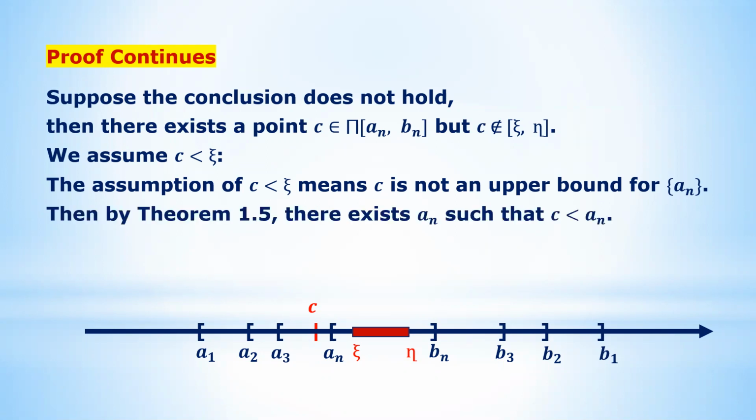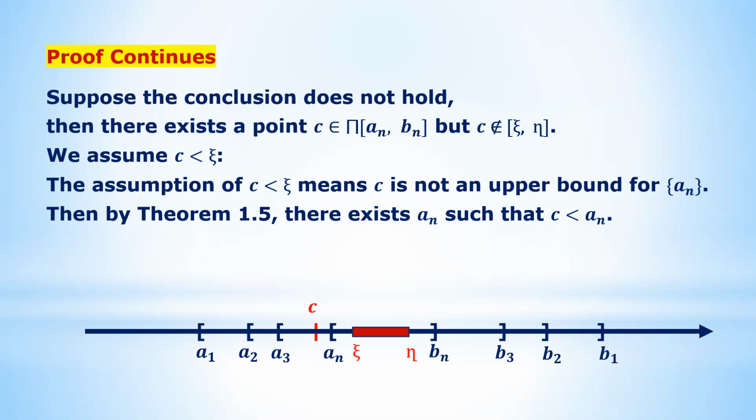And so this means, by Theorem 1.5 or by the definition, your choice, that there must be an index n so that the term a_n is on the right side of c, strictly greater than c. Otherwise, if no such term exists, this would claim that c is an upper bound, and obviously we're not assuming this.